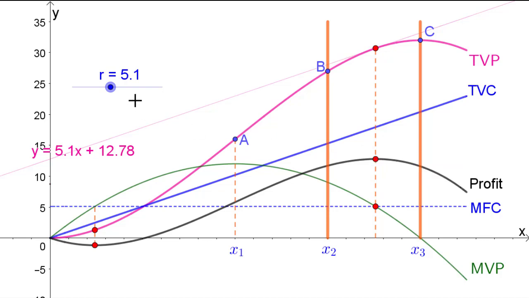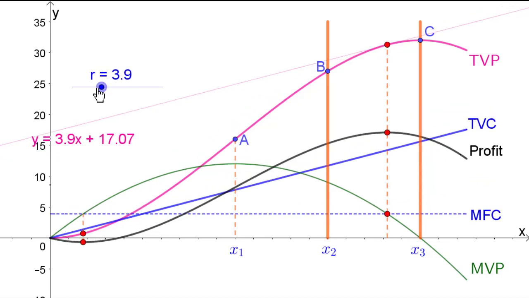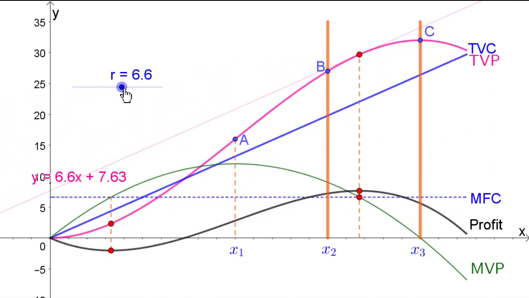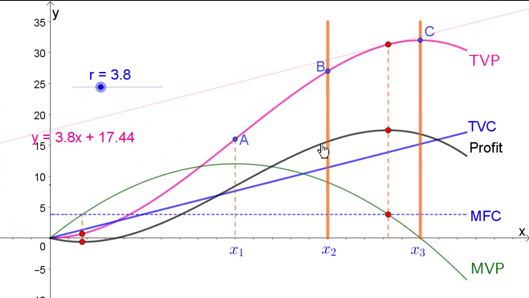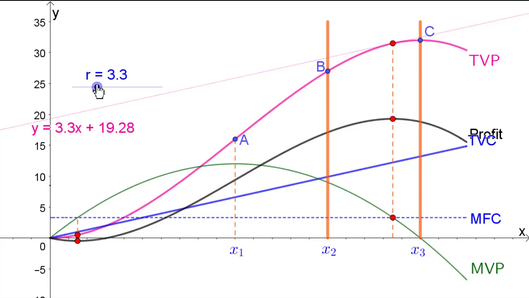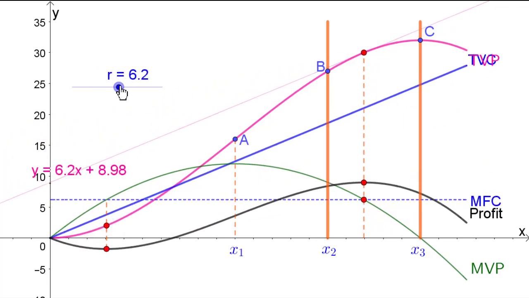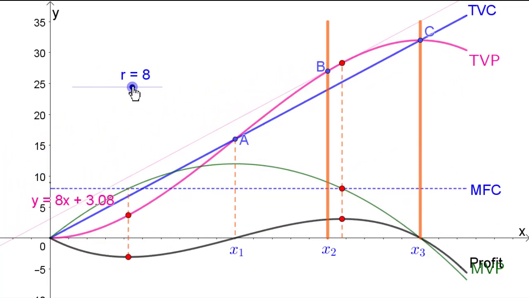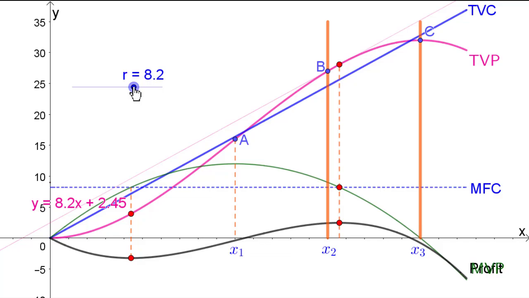Another point I want you to pay attention to is that if I'm adjusting my input prices, you can find that the maximum profit is always between X2 and X3, and it's never to the left of X2. So again, this is another demonstration that stage 2 is the economic region.